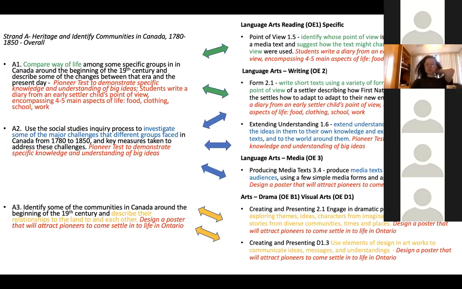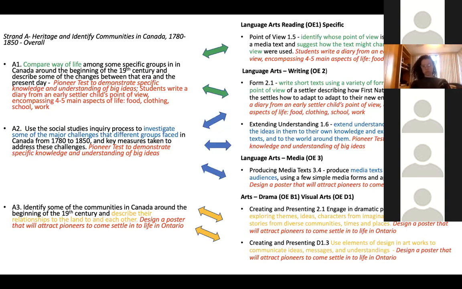For that expectation, they could choose from a poster, a skit, or maybe a painting, because if a kid did a painting or a drawing, or they could do a mind map. So even though I've said there's 3 culminating tasks, I'm probably going to have one that's common to all, because it's a lot of work to give them a lot of choice all the time, but it's beneficial.